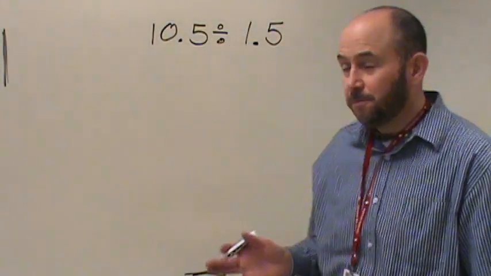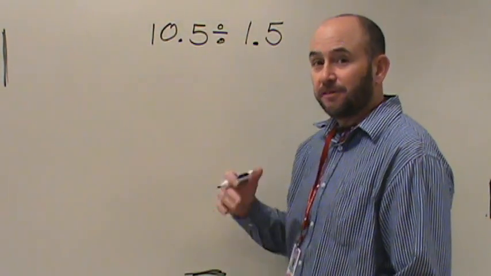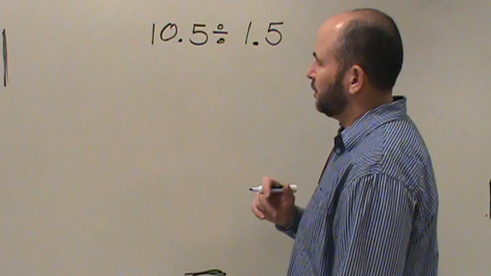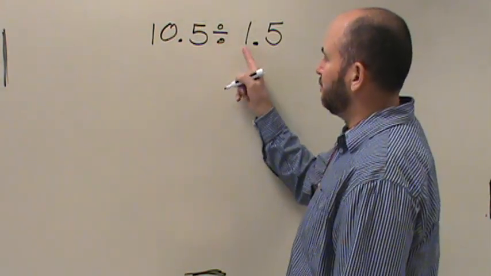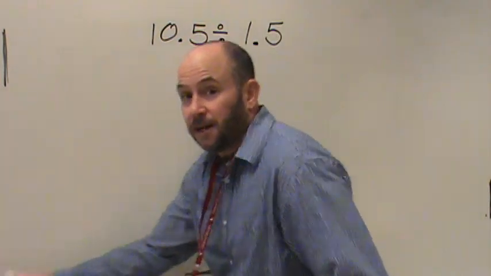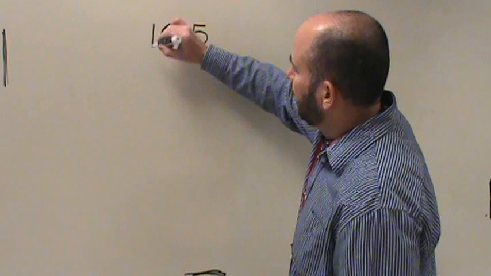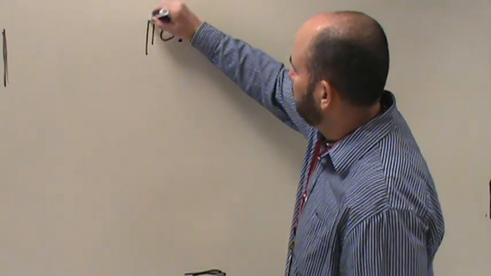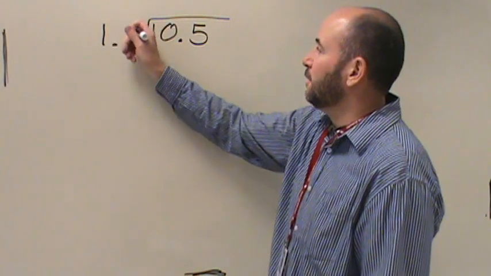All right, here we go. If you haven't finished, you can just jump in when you have. If you have finished, follow along and correct as we go. So our problem is going to be 10 and 5/10 divided by 1 and 5/10. I'm just going to take this part of the problem and switch it around a little bit. My 1 and 5/10 is right here.